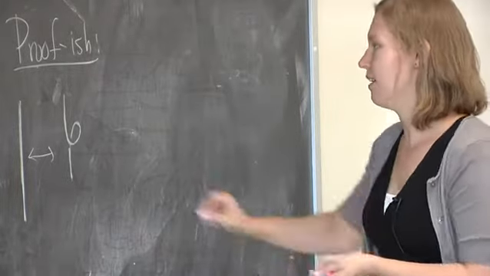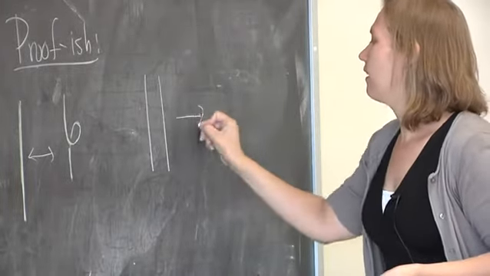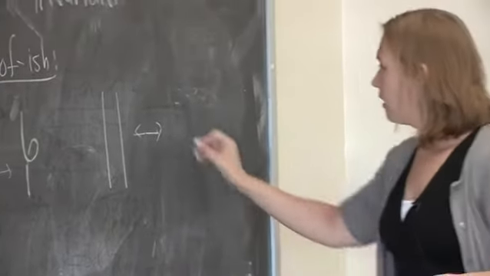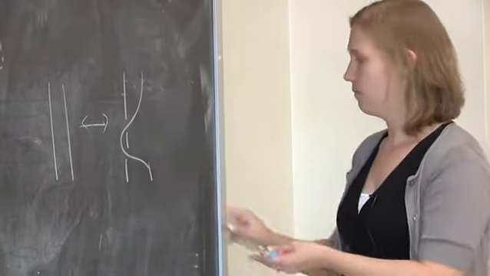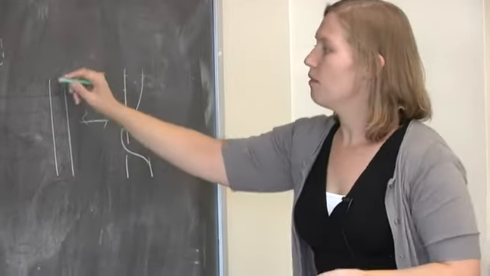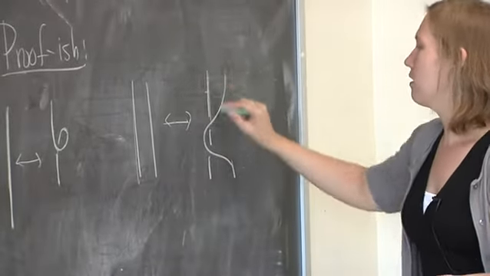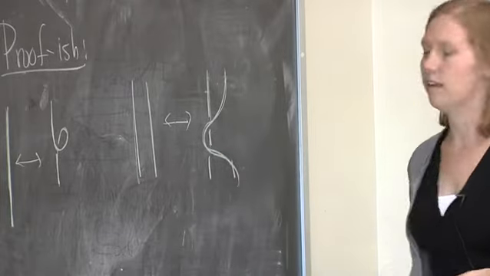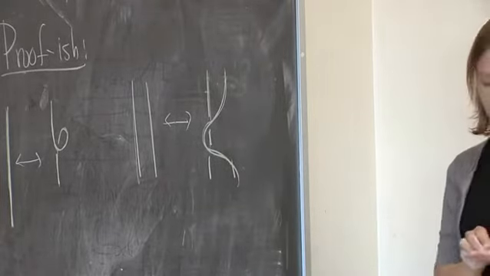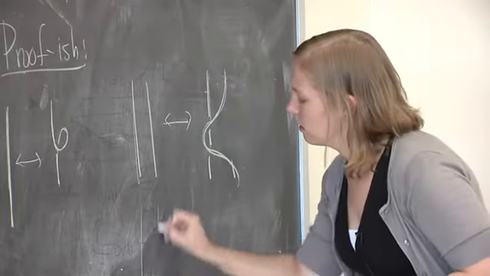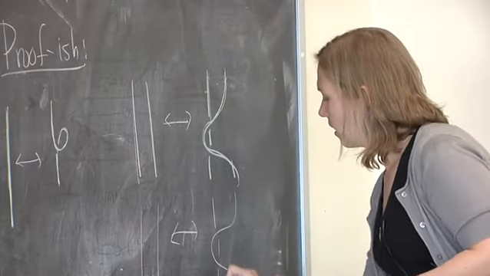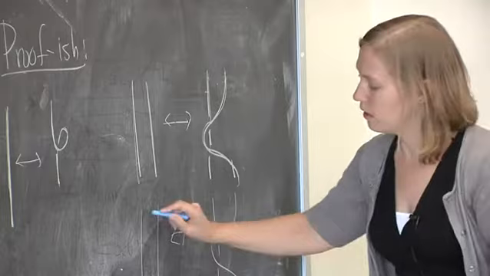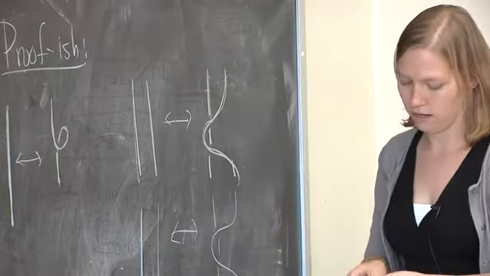So suppose instead I have this guy and it goes to this guy. So if both of these strands were green, then they're both still green, and nothing interesting happens with the coloring. But say we had a blue one and a red one.